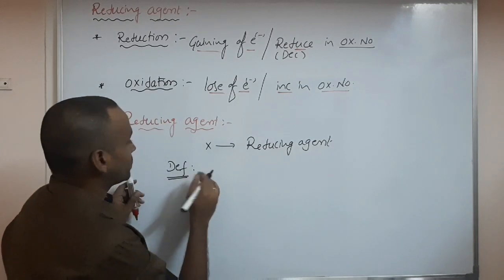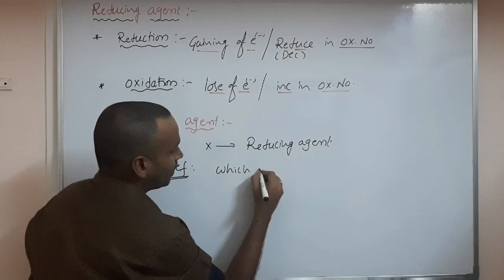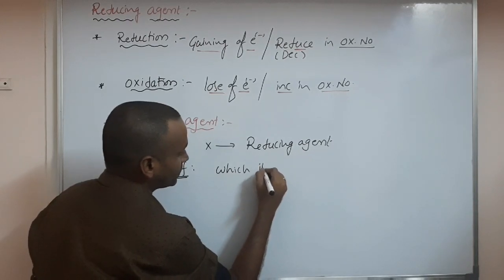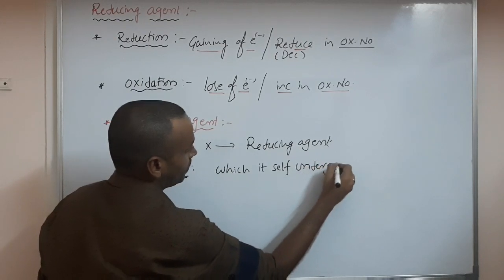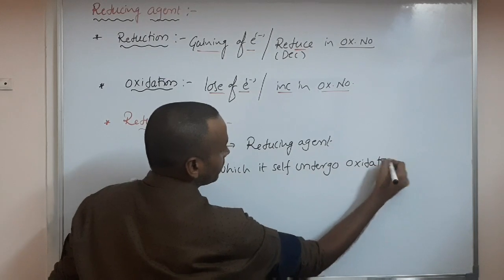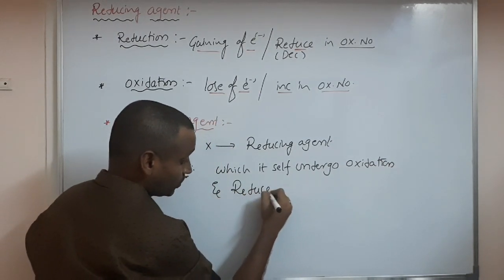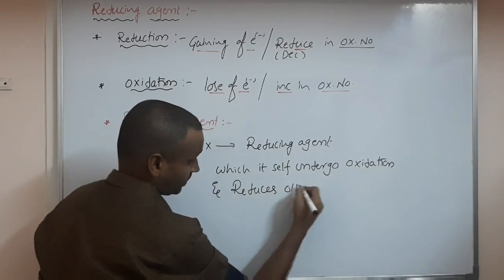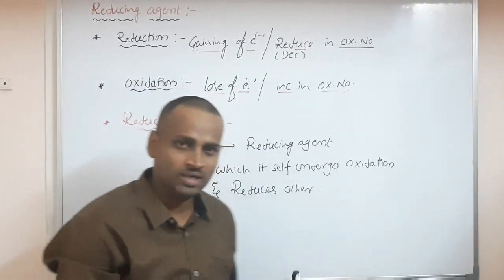A reducing agent we can write like this: which itself undergoes oxidation and reduces others. The agent does the reverse work, right?